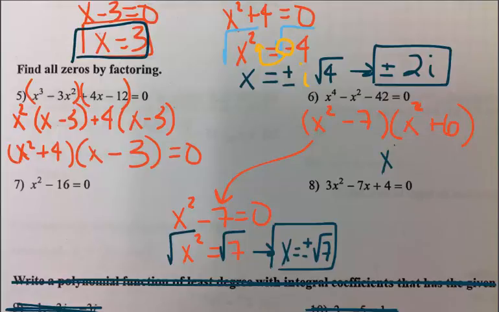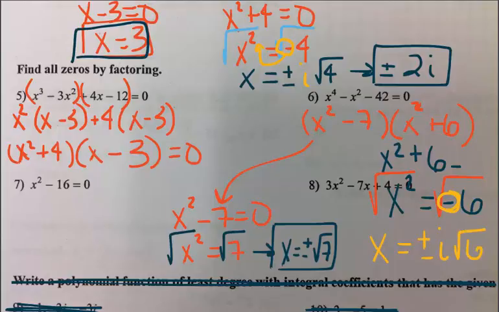And if I do the same thing with this x squared plus 6, I set it equal to 0. I'm going to move the 6 to the other side by subtracting it, and I'm going to take a square root. A few things have to happen. I have to have a plus or minus. It's got to show up. This little negative cannot be on the inside, so I need to bump it to the outside as an i.